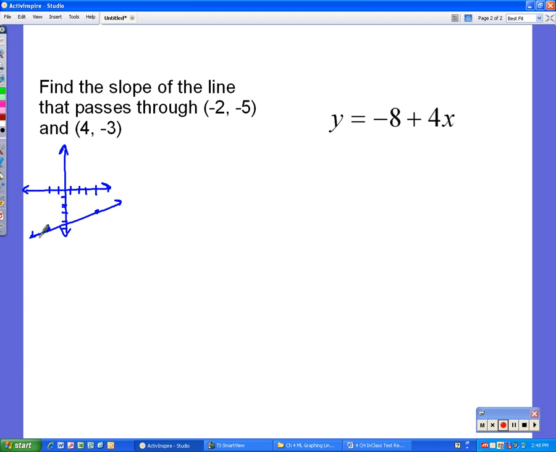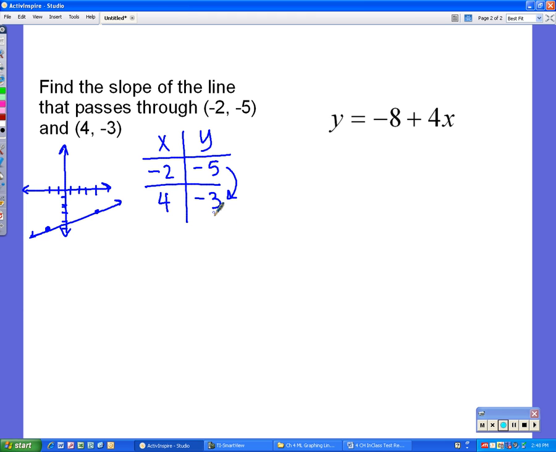Well, all we need to do if we're using a table is make a table with those 2 points. -2, -5, and 4, -3. And now remember, we're looking for the change in y, so we can divide it by the change in x. So, -5 to -3.